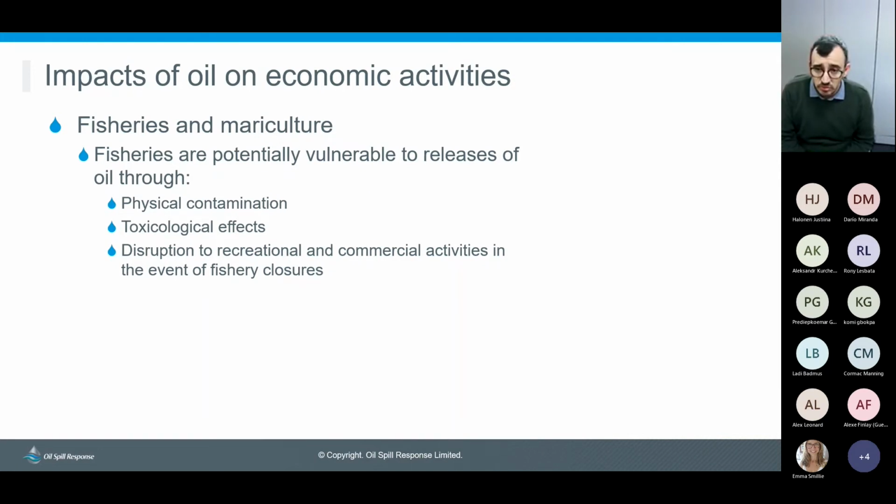For example, aggressive or inappropriate response techniques, such as indiscriminate shoreline cleaning with high pressure or hot water, may adversely affect some species. And there are a number of other examples that we can give of improper use of response techniques that may in fact do more harm to the environment than good. So this is something we need to be really conscious of.